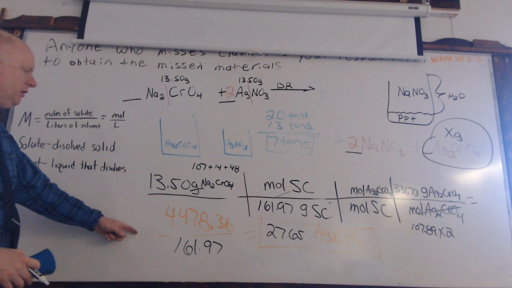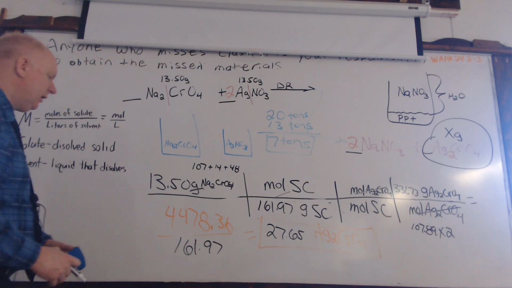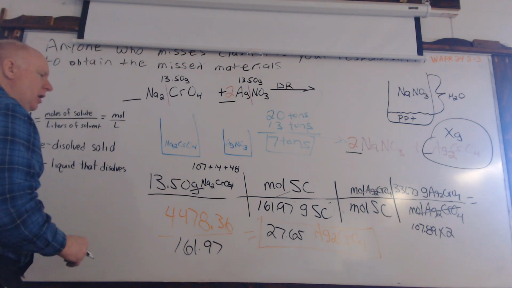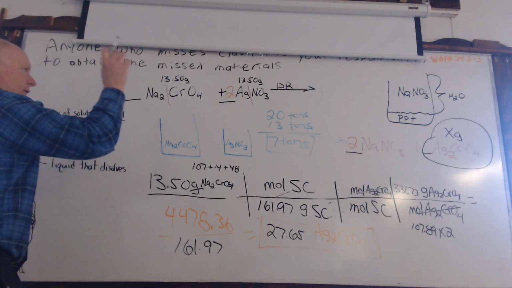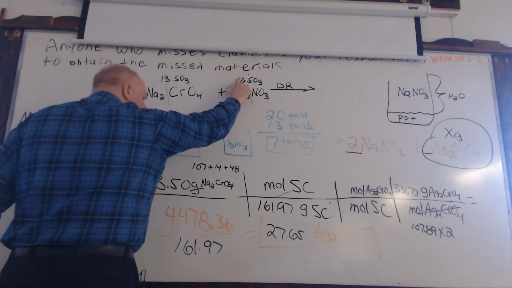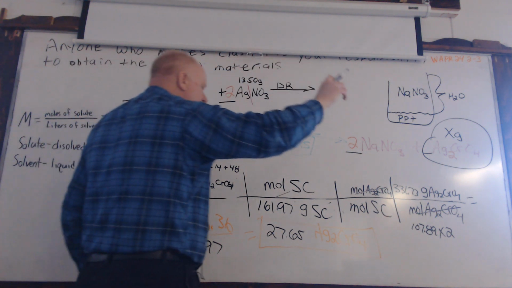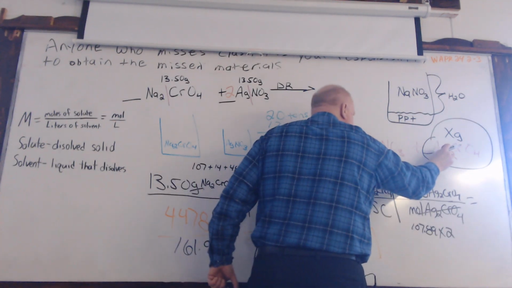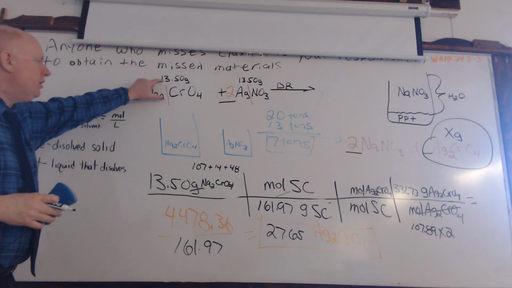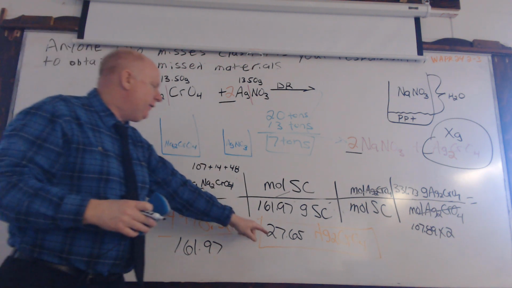Okay. So when we had done this earlier, this came out to 13, I think. Yes, it was 13. So then what happens is if we start with 13.5 grams of silver nitrate, we produce 13 grams of the silver chromate. If we start with 13.5 grams of sodium chromate, we get 27 grams.